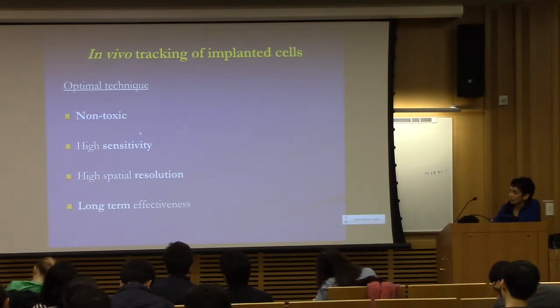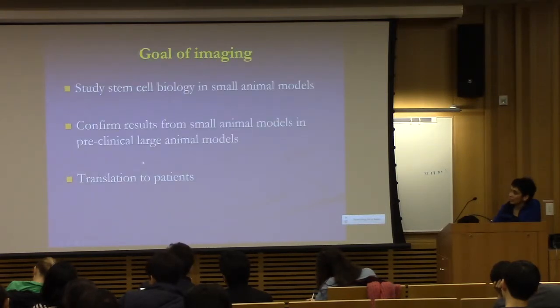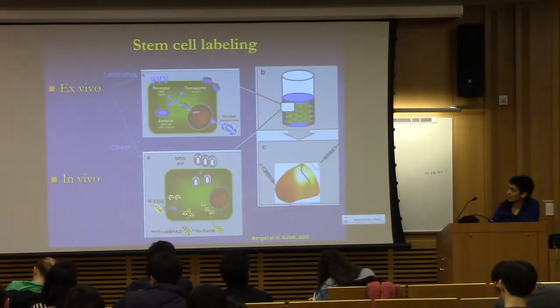You need an imaging modality that is non-toxic, high sensitivity, high spatial resolution, and allows longitudinal follow-up. My lab has pushed for this imaging in small animal models, and the whole goal is to then translate it into patients after taking it to large animal models.